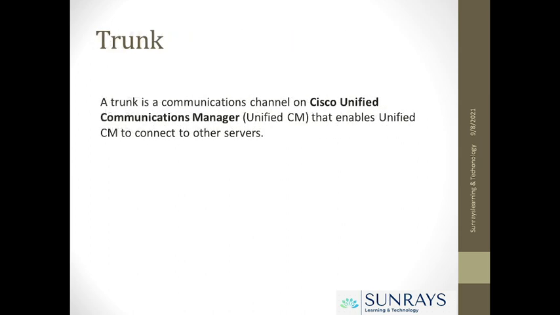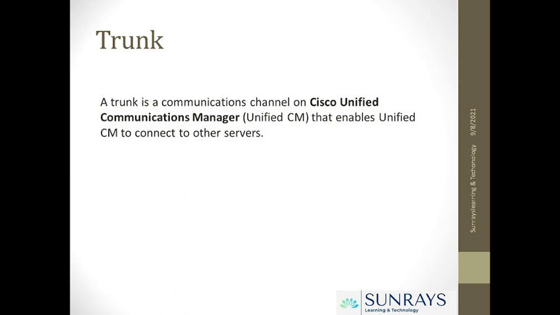Okay, so trunk is also a very important thing. A trunk helps two different servers to communicate. Suppose I have configured a CUCM. The CUCM is going to configure the phone and place a call. But there are some users to whom we also have to give voicemail facilities.